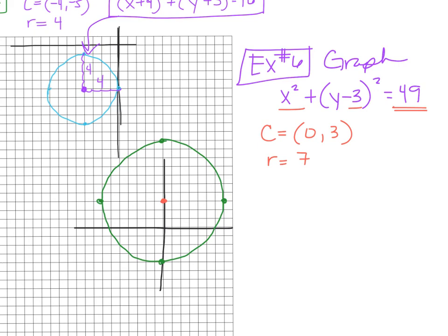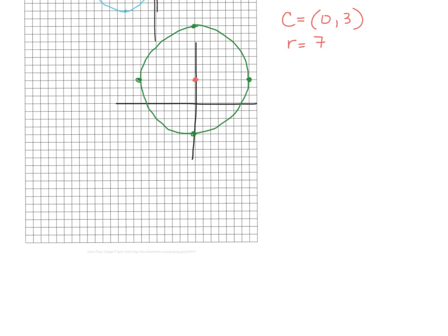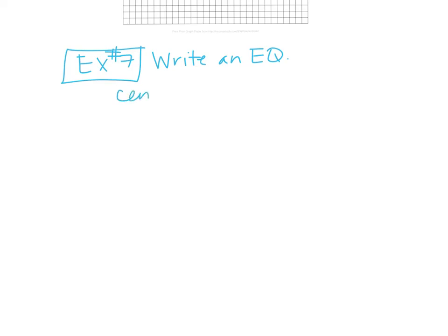Okay. All right, last one. We don't need grid paper anymore. We are doing example 7. And this one says to write an equation and we're going to say that our center is 2, -3.